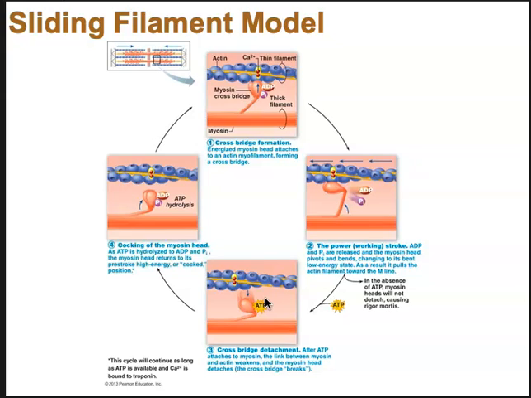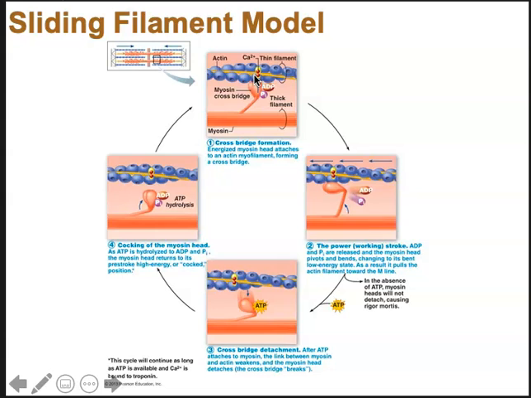When calcium has been released from the SR, it binds to the troponin complex within the thin filament. That troponin complex pushes tropomyosin slightly to the side, kind of pulls on it, and exposes what is called the binding site on the G-actin protein that had been blocked in the absence of calcium.